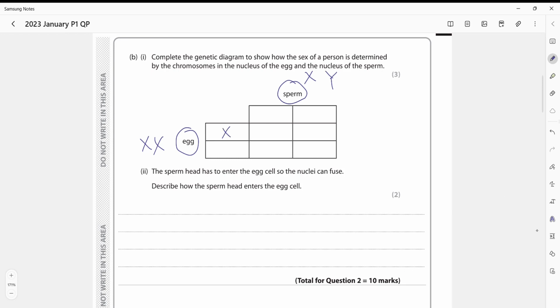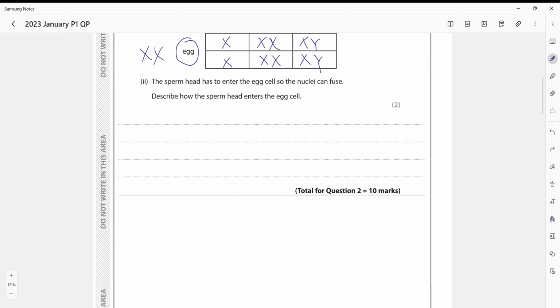So this is how we would fill up this diagram. Okay, so you can see here, right, there's a 50% chance of the offspring being male and 50% chance of the offspring being female.